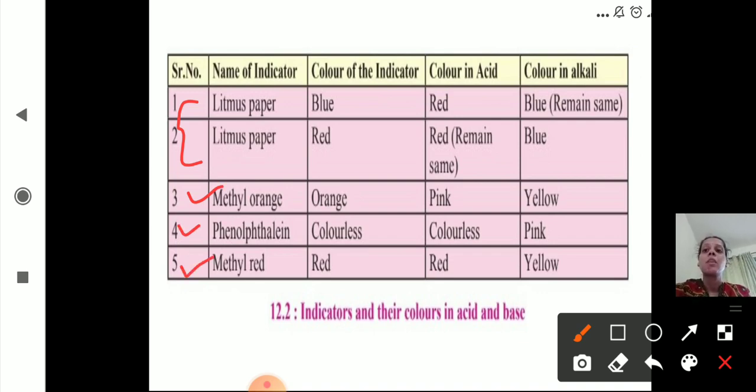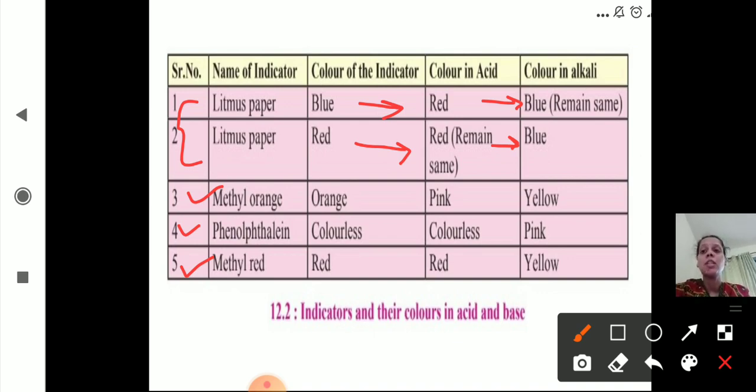Blue litmus paper turns red in acidic solution, and it remains blue in alkali, that is, basic solution. Now the second one, red litmus paper remains red in acidic solution and turns blue in basic solution, in bases.